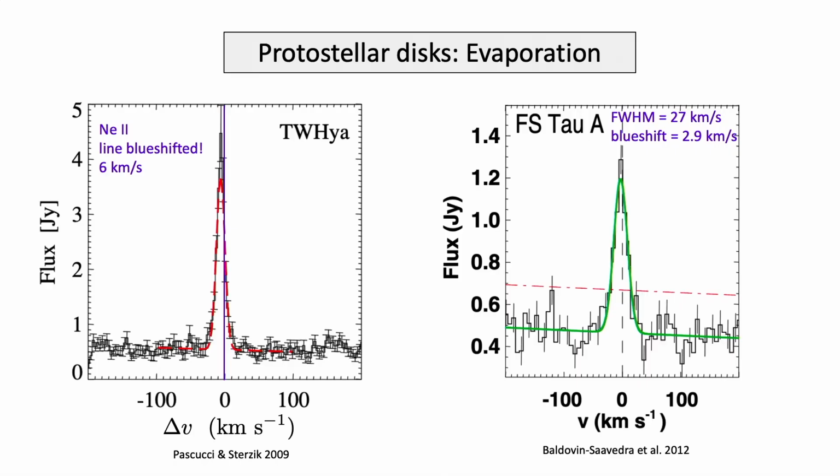This line should be centered around this expected middle line here, this blue line, and you see it's actually shifted toward the blue, as we say, toward negative velocities. Velocities come toward us. So this mass, this neon, is moving from the disk toward us. It moves away from the disk.